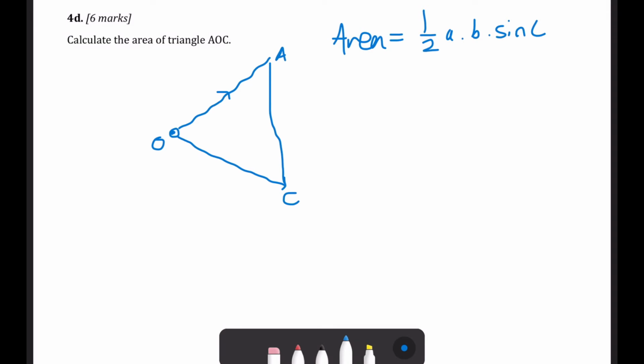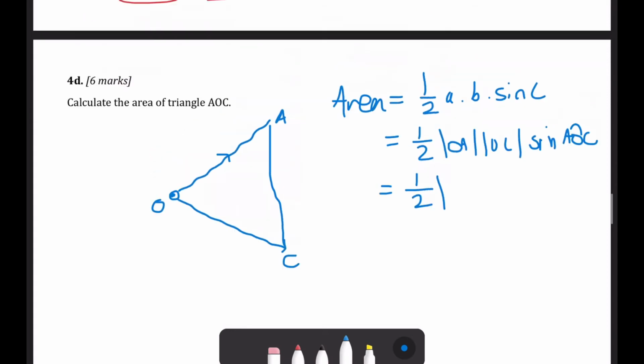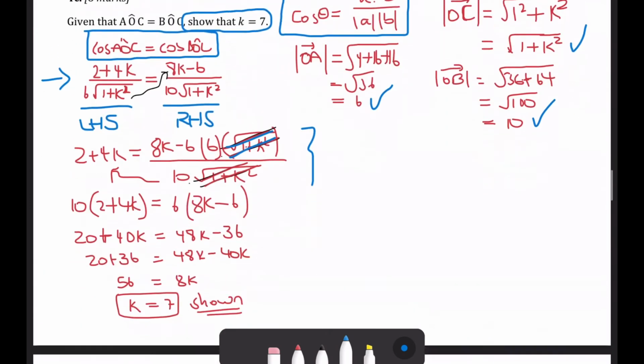So if I put that into perspective of the triangle, it's going to be a half times the magnitude of OA times the magnitude of OC times sine of the angle AOC. So what do I have? I have the magnitude of OA, which we seen above was 6.